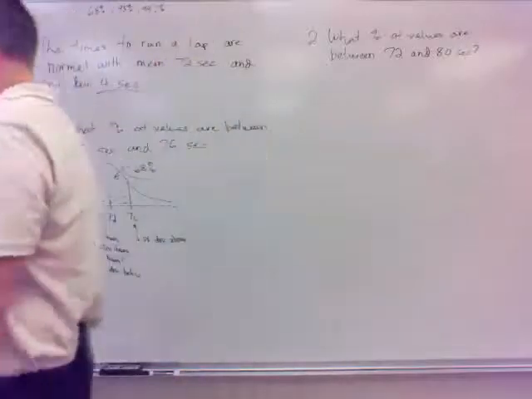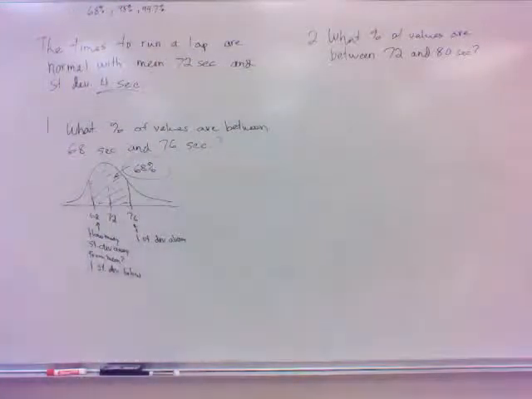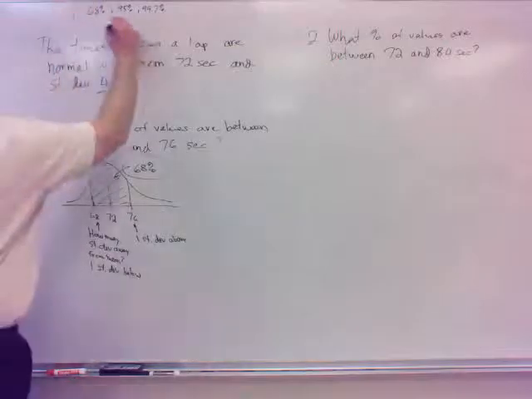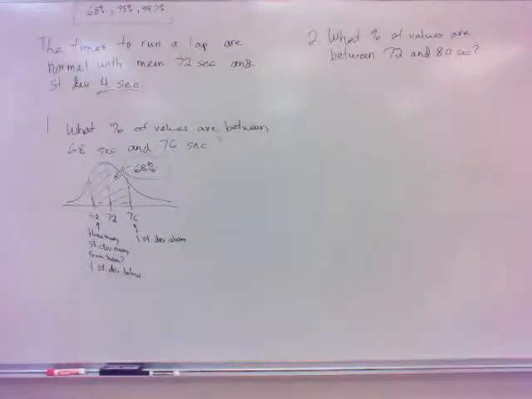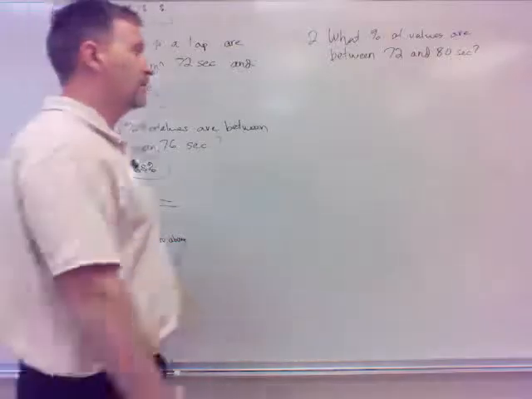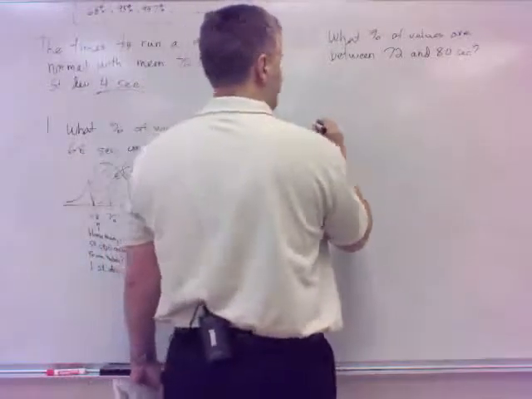Here's what generally will happen. We're going to want to know these three values. This is the way I look at it. What percentage of values are between 72 and 80?